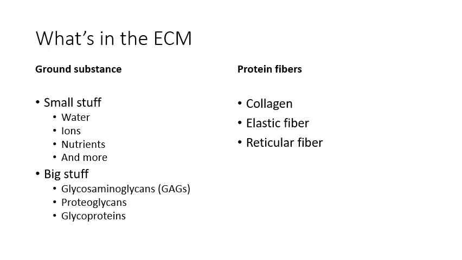You have glycosaminoglycans, abbreviated GAGs. You have proteoglycans, and you have glycoproteins. Which we'll get into what those are exactly in a moment. Then your protein fibers, you have 3 basic types of protein fibers that would be found in extracellular matrix. Those are collagen fibers, elastic fibers, and reticular fibers.